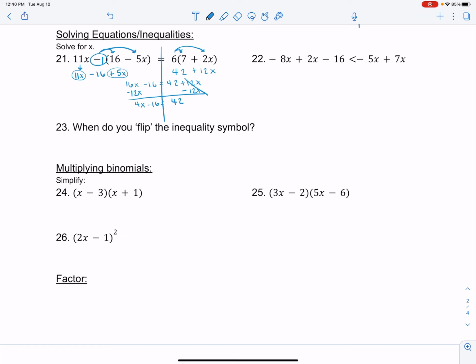Okay, now all my x's are only written one time, so now I can get x by itself. So add 16. So 4x equals 58. Divide by 4. And x equals, hang on.